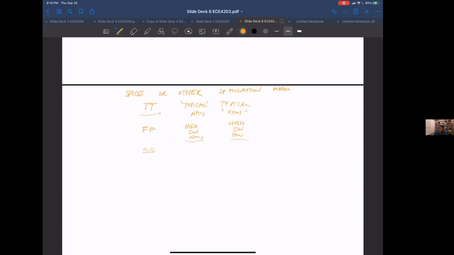Then you'll get slow, which is low on NMOS, low on PMOS. And then you'll get fast slow, which is high on NMOS, low on PMOS, all the permutations, and slow fast, which is low on NMOS, high on PMOS. And so these are called the corners, process corners.